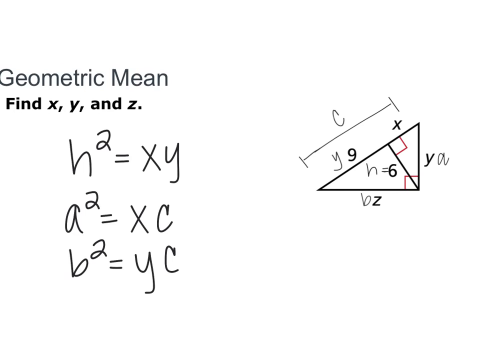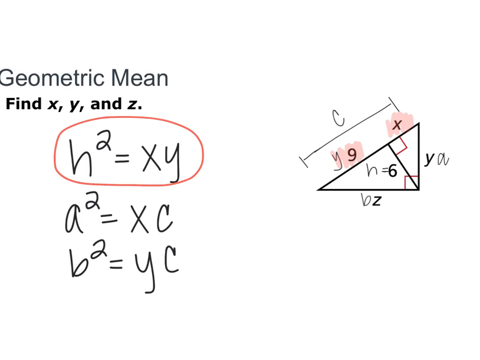So we're going to have to use first this h squared equals x times y. I know it looks a little confusing, but we're talking about this x and that y in terms of solving for h.